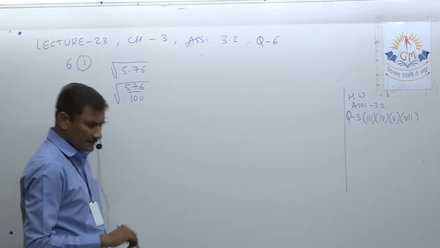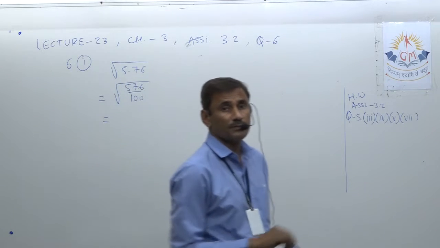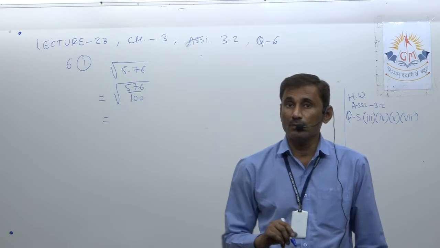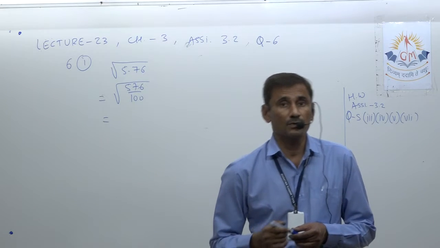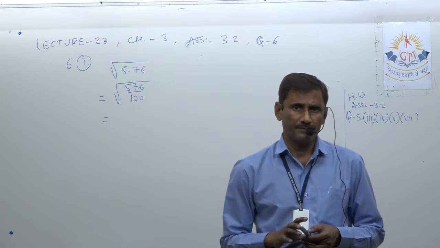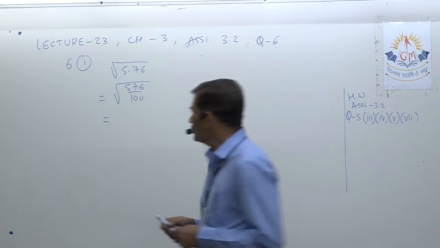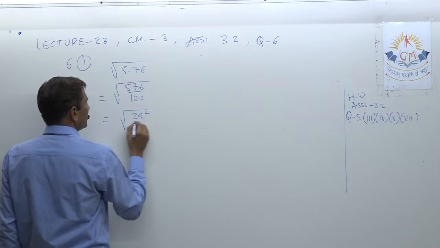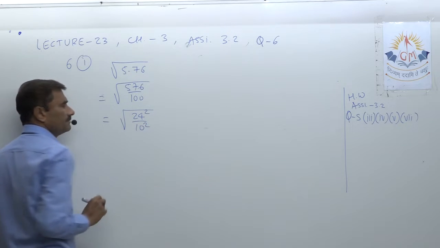Now 576 is the square of 24. I know it because, as I told you, I also remember squares from 1 to 25. So it is 24 squared, and this is 10 squared.